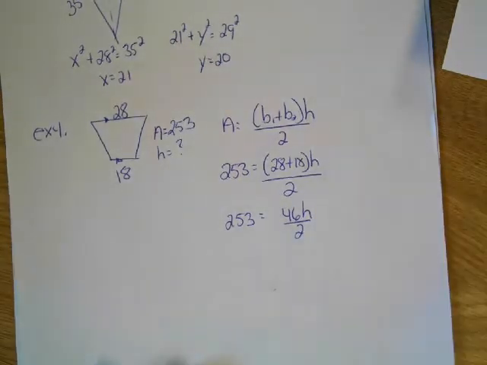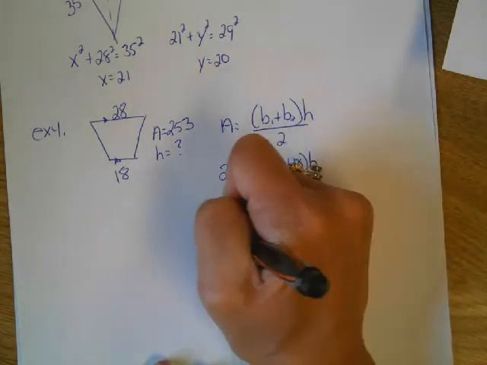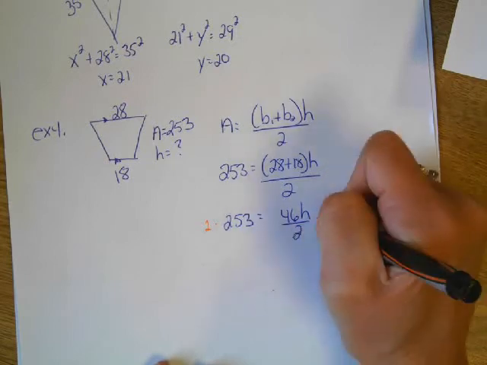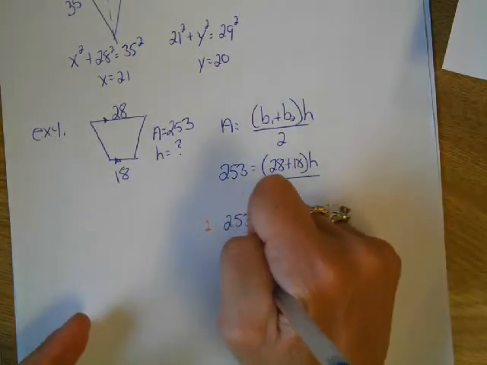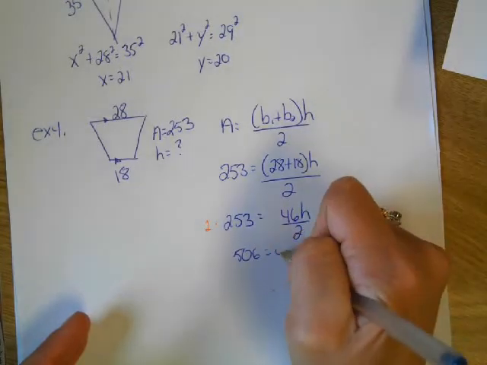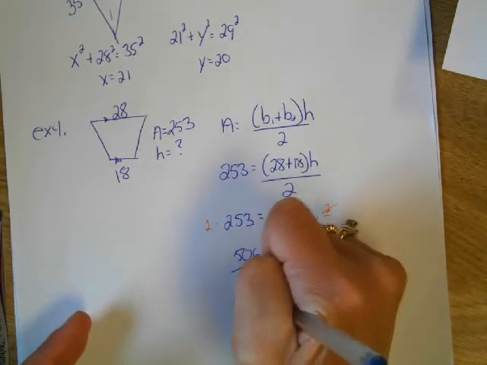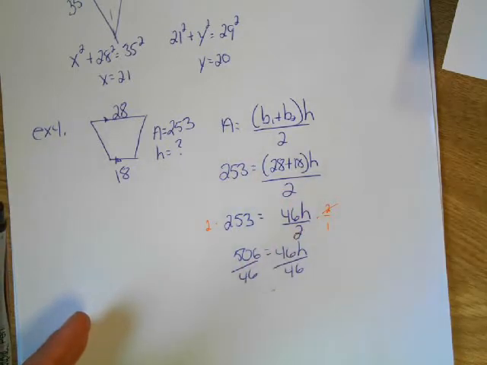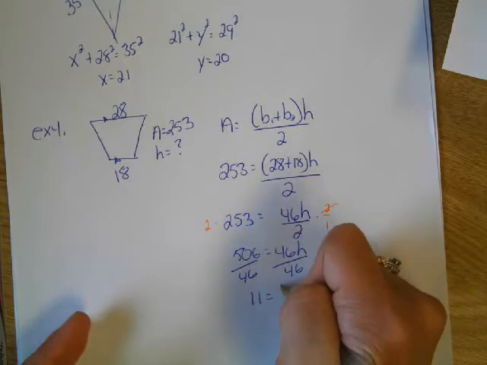And then now I'm going to times by 2 on both sides to cancel my 2 out. 253 times 2, 506 equals 46H. Dividing, we get a height of 11.